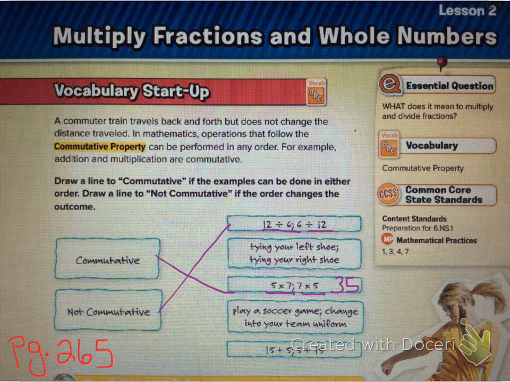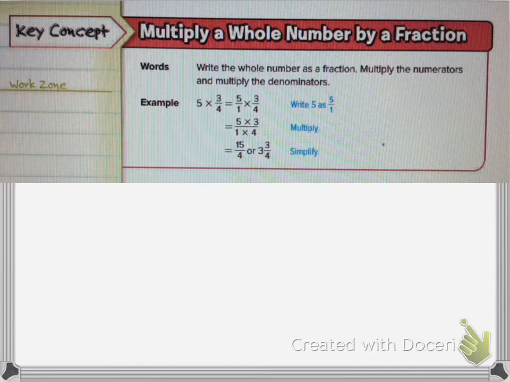So commutative says tying your left shoe and tying your right shoe, it's the same exact thing. You're going to do it exactly the same way. Okay? And it also states that you can add two numbers in different orders and still get the same answer. If we added 15 plus 5, we're still going to get 20, just as if we would take 5 plus 15. Okay?